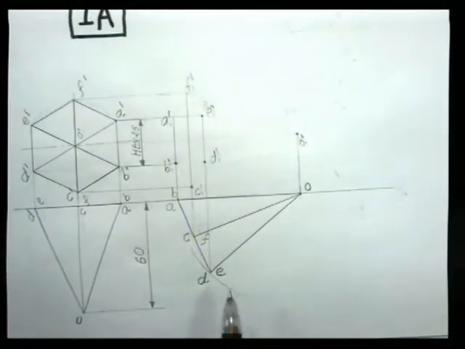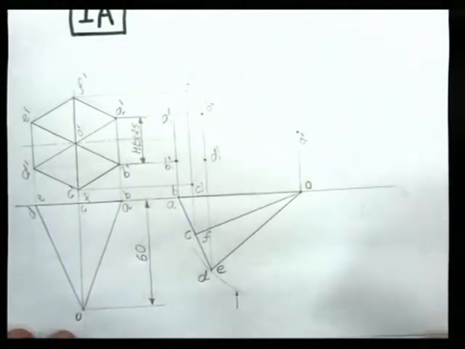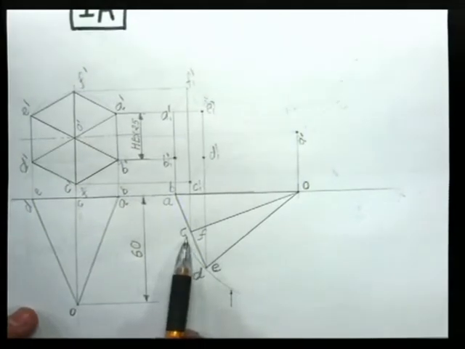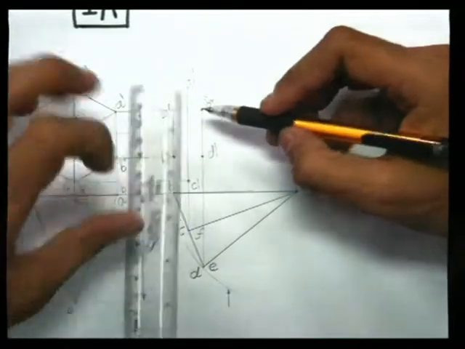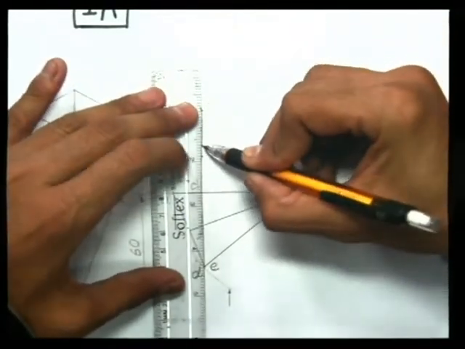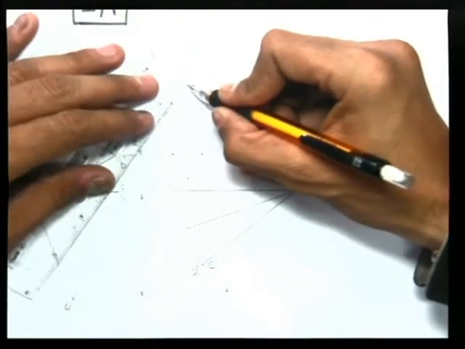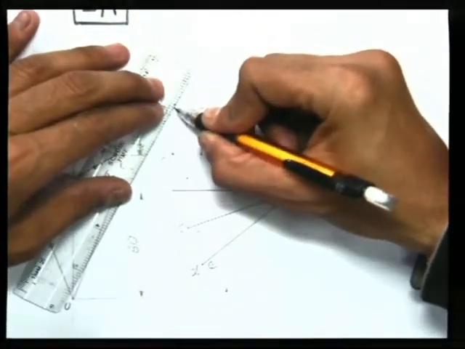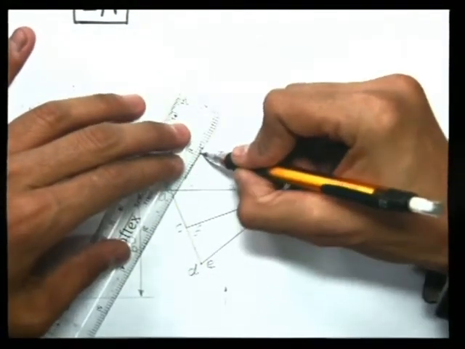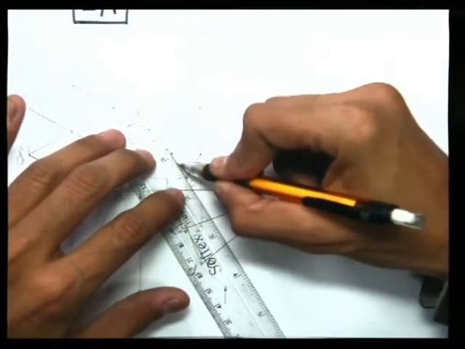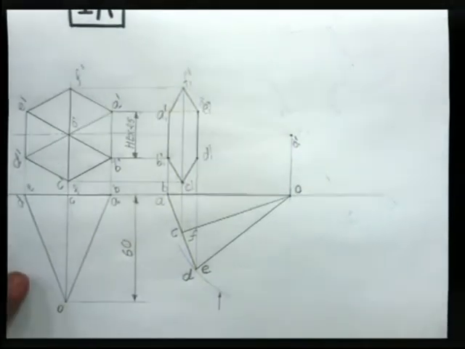Now if you look from somewhere here, you can see this hexagonal base is towards us. So this hexagonal base would be fully visible in front view, and hence we join all these points with a full straight line, and all edges are visible, hence a solid line would be there: A1 dash, B1 dash, C1 dash, D1 dash, E1 dash and F1 dash like this.